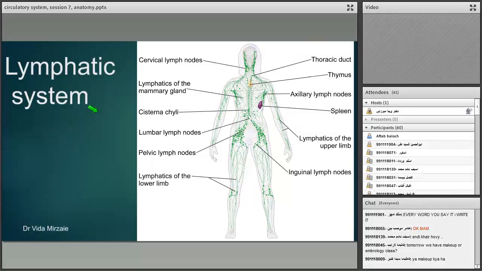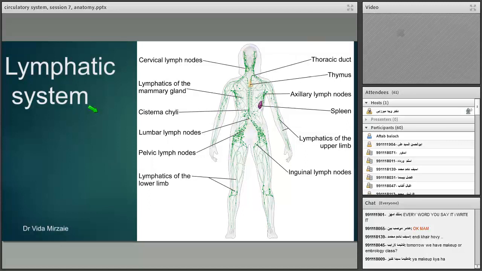Okay, let's start. Today we are going to talk about the lymphatic system. You know that all the vessels in the body are divided into two kinds, arteries and veins.